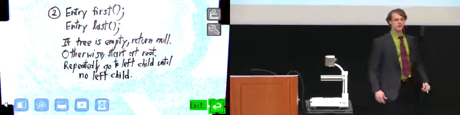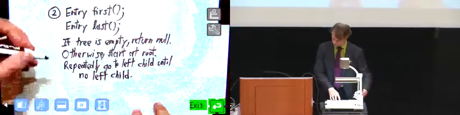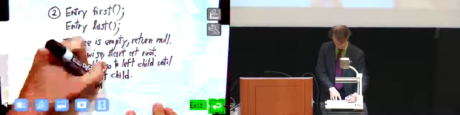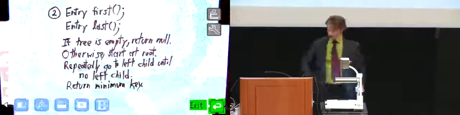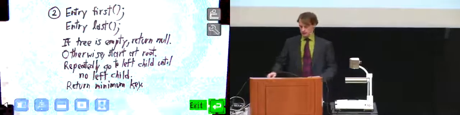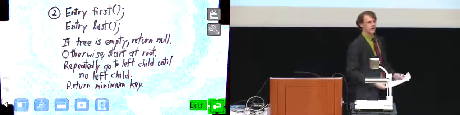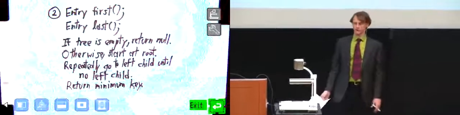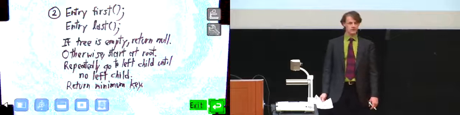And once you've hit a node with no left child, you're there. You're at the node with the minimum key. So that's the whole algorithm for finding the smallest key in the tree.